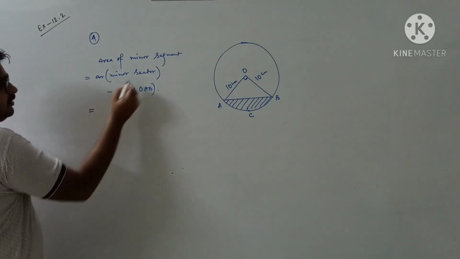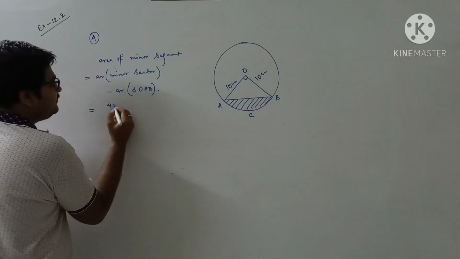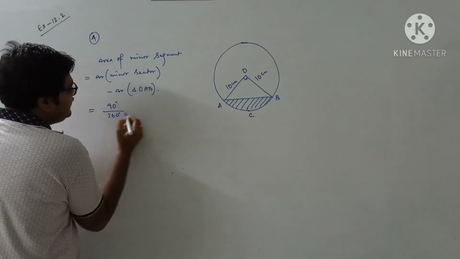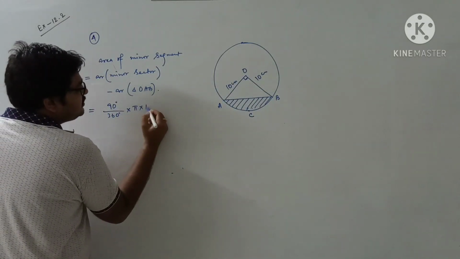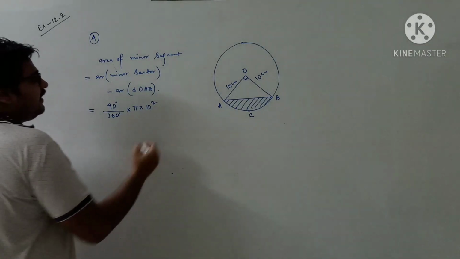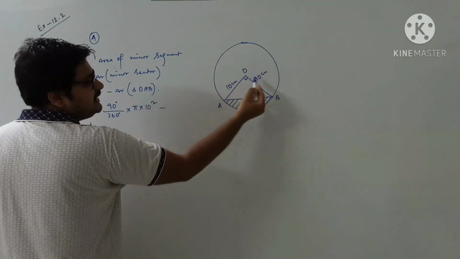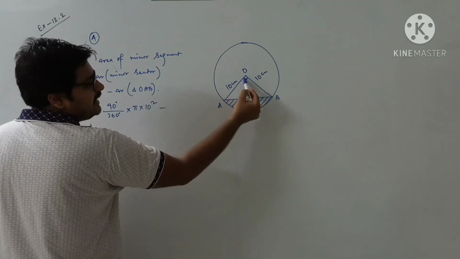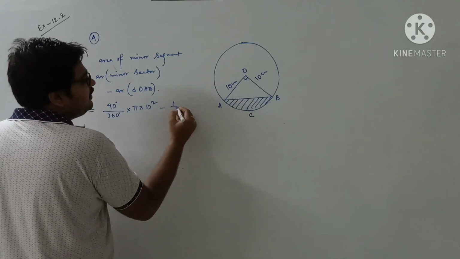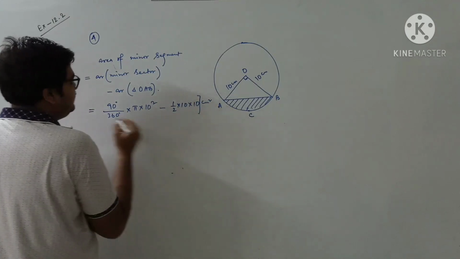So for the minor sector, how to find the area? 90 degrees by 360 degrees into pi into r square. Completed. Now from there we subtract the area of triangle OAB. This is a right angle triangle, so this can be considered as perpendicular and this as base. We know the formula half into base into height is the area of a triangle.